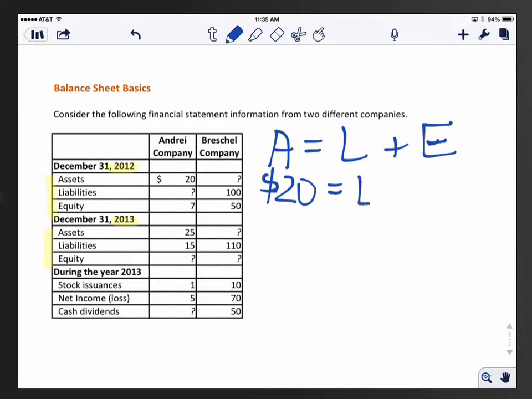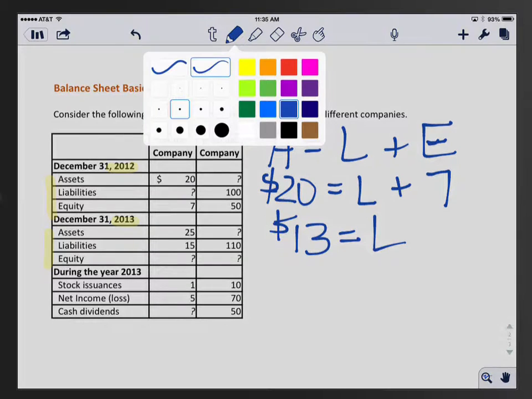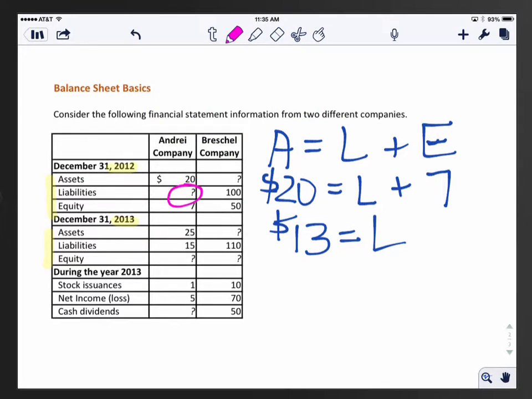Liabilities are unknown, so I'll just leave the L in there, and our equities are $7. If the accounting equation is always balanced, we just solve for the single unknown, which in this case happens to be liabilities, or L. Subtract 7 from each side, and that tells us the liabilities are $13. So 13 is what's going to go right here.